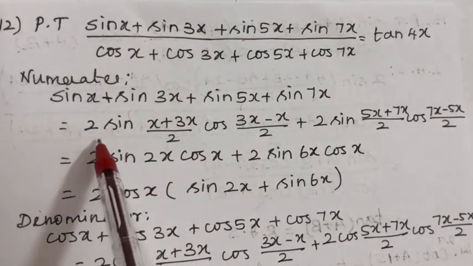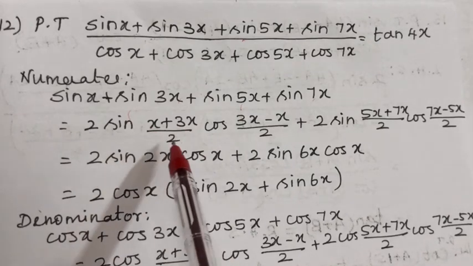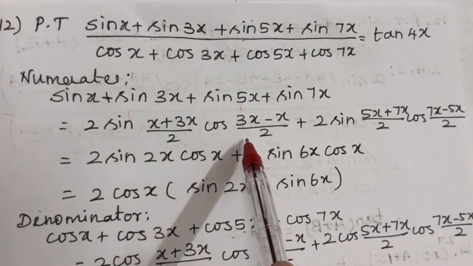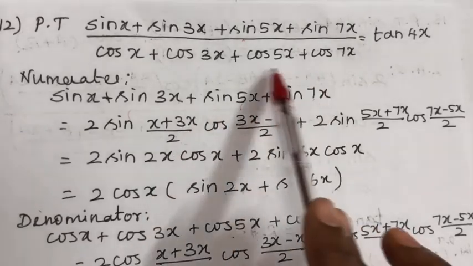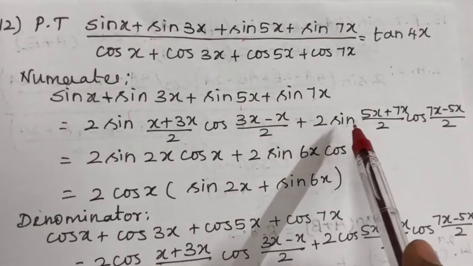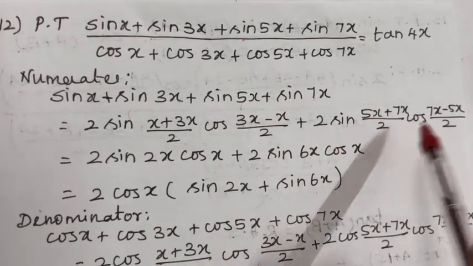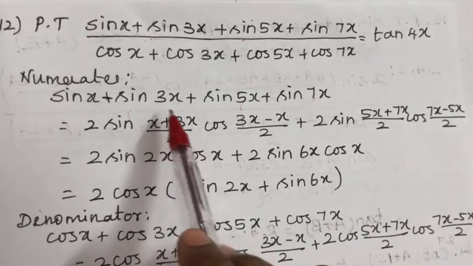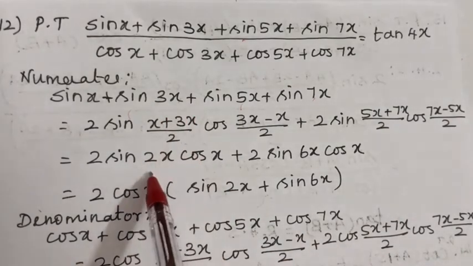So, 2 sin (a plus b) by 2 cos (a minus b) by 2. Okay. Plus similarly the same identity in these two terms, 2 sin (a plus b) by 2 cos (a minus b) by 2. So, x plus 3x is 4x, 4x by 2 is 2x.